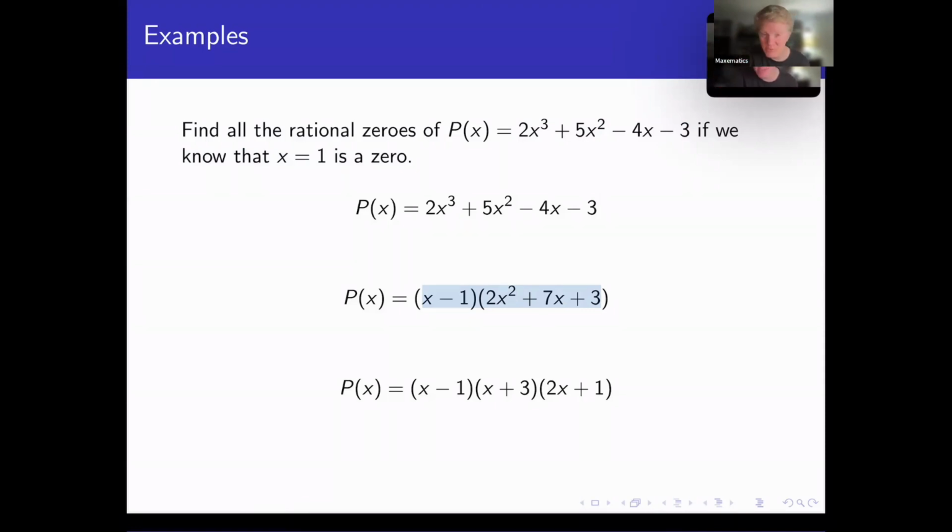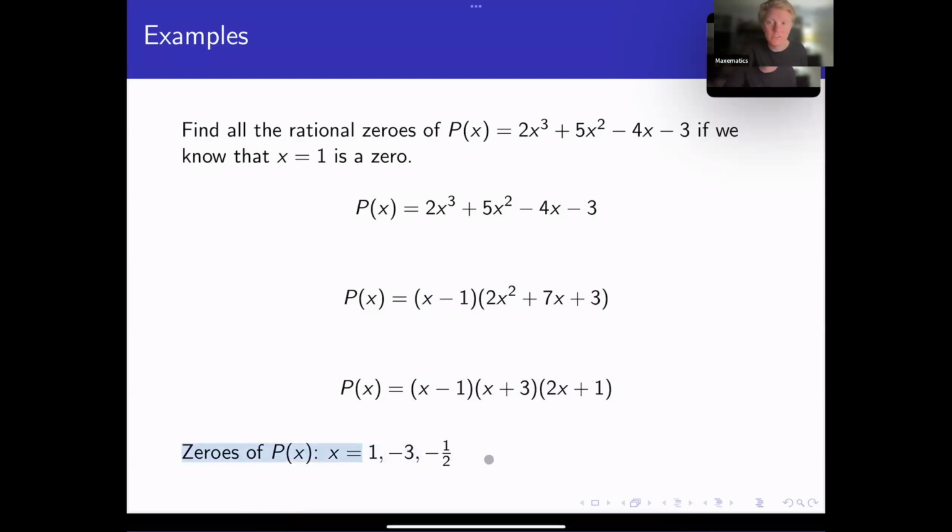But now, if we want to find all the rational zeros, well, now just set all of these equal to 0, and we would get x equals 1, x equals -3, and x equals -1/2. Degree 3, 3 zeros, nothing missing, and here's one more interesting part about the rational zeros theorem. All three of these zeros did appear in that list that we just had.